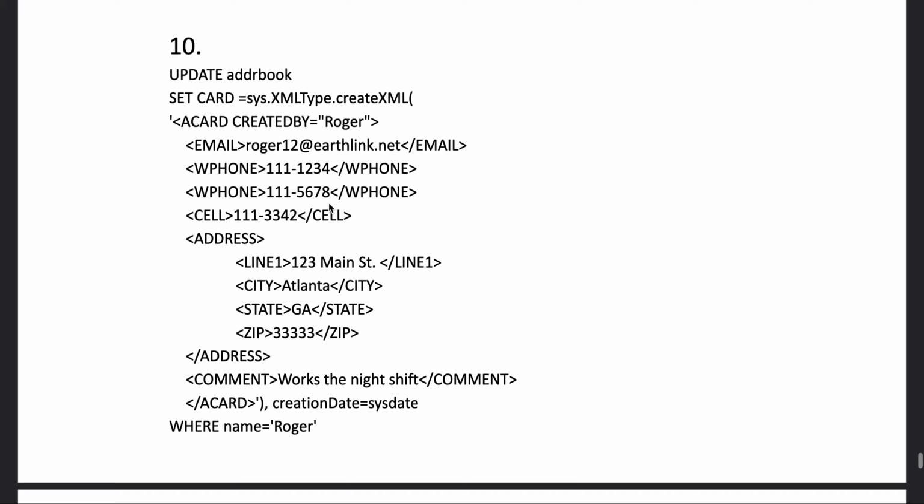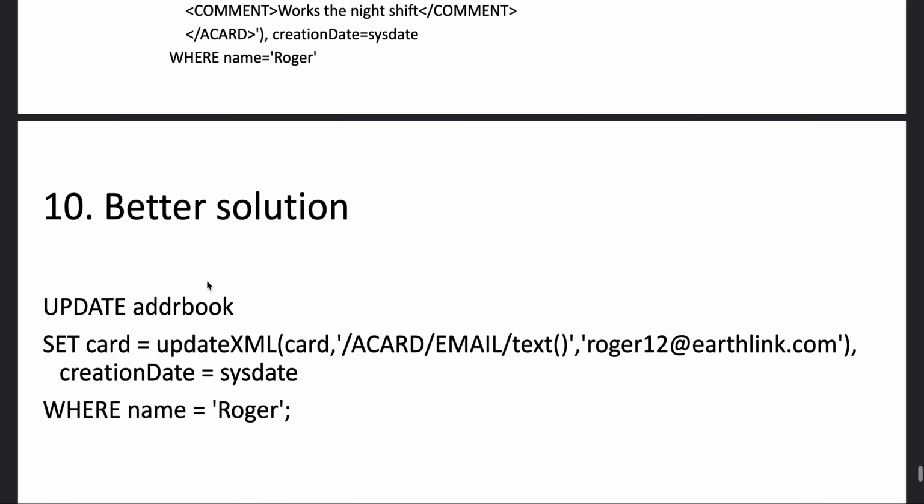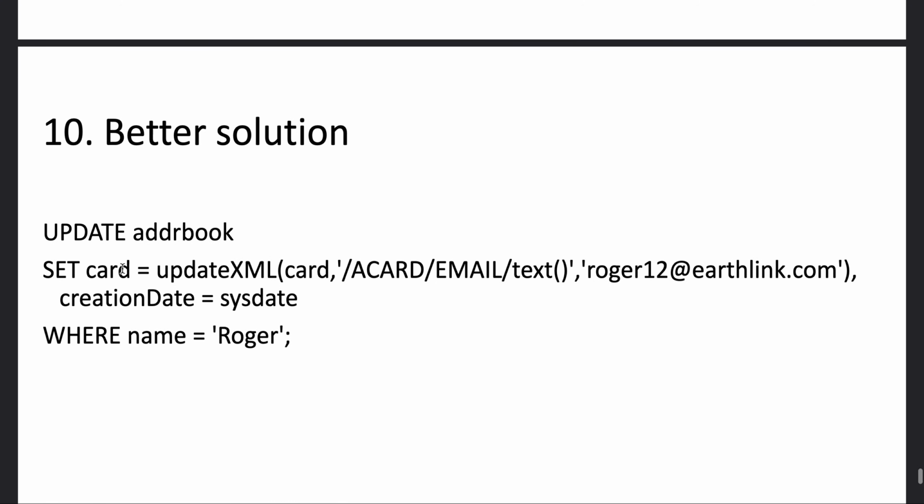However, this is inefficient because we're going to have to recopy the entire XML as we see here. So we don't really want to use this. A better way is to update address book and set card equals update XML.